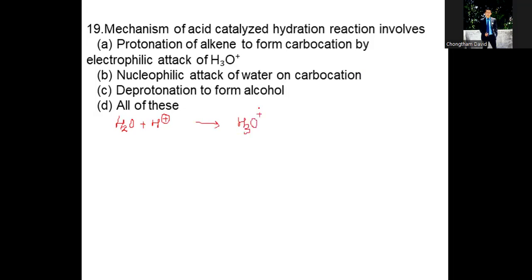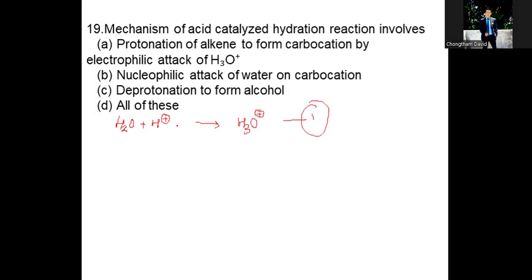Remember, hydrogen ion doesn't exist alone. It exists in association with water because its size is less than 1 Fermi, which is impossible. So hydrogen combines with a water molecule and forms hydronium ion. So they are used synonymously. So this is the first step, let us say.